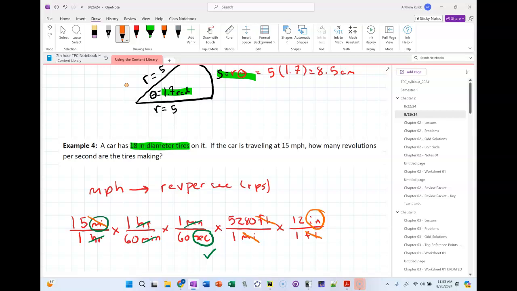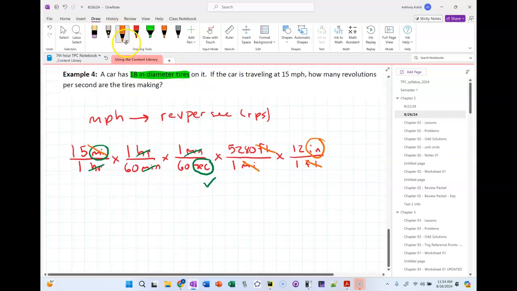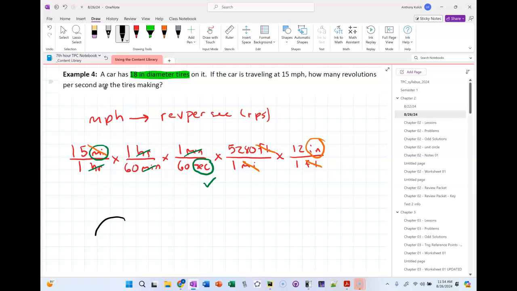Now what we want to do is somehow figure out that relationship between linear distance and revolution. So I need to figure out how far linear does a tire go in one spin around. Think about it this way. We have our wheel here, right?